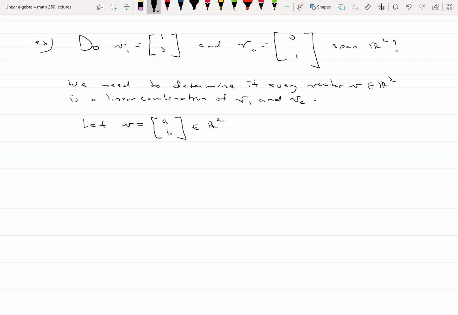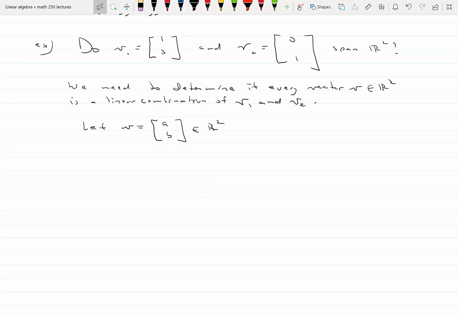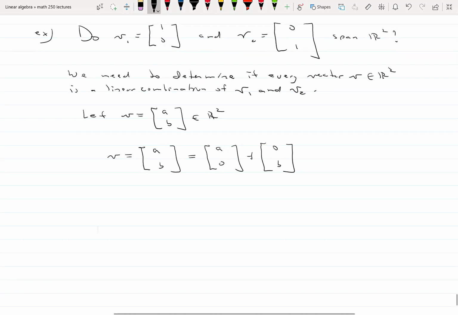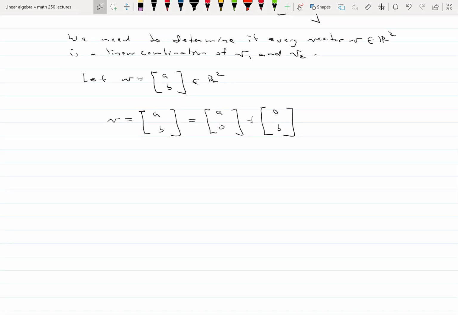Okay, now watch this. V, which is the column vector (A, B), I can tear that column vector apart. Remember, our operations are still the ordinary operations of addition and scalar multiplication.